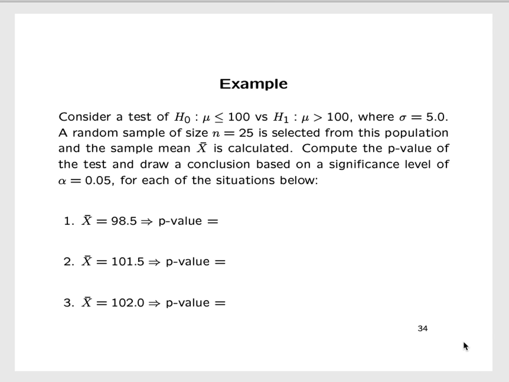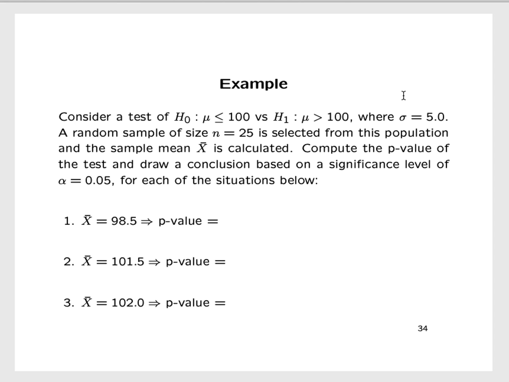Now let's look at an example here. It's a little bit more practice calculating p-values. So consider a test where the null hypothesis is that the mean of a population is less than or equal to 100 against the alternative hypothesis that the mean of the population is greater than 100. And we're told to assume here that the population standard deviation is equal to 5.0.